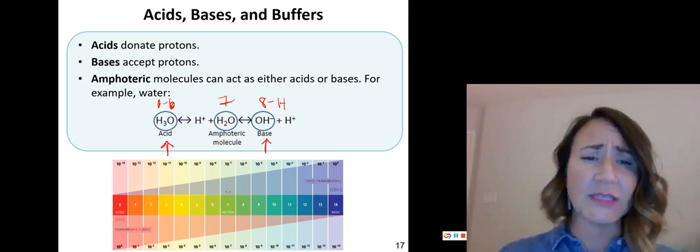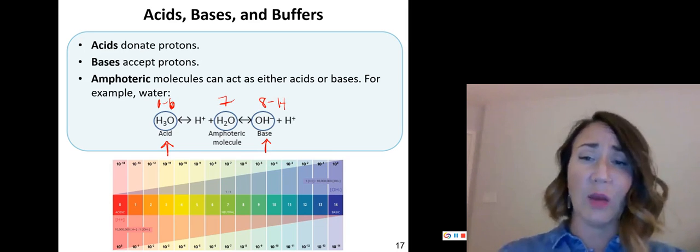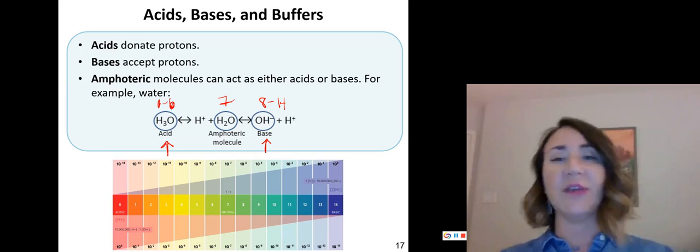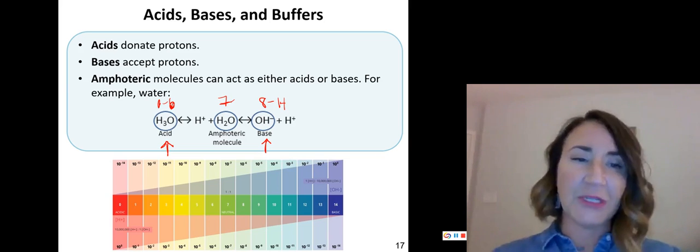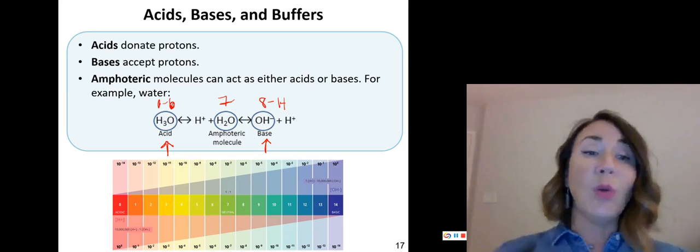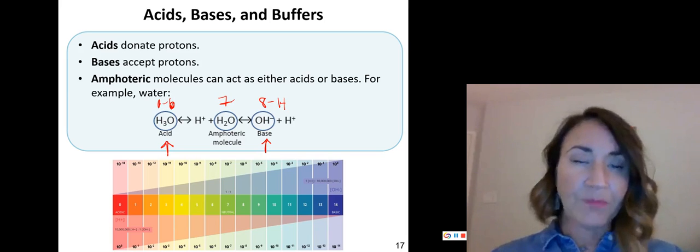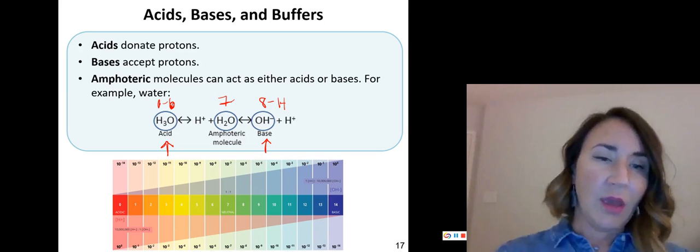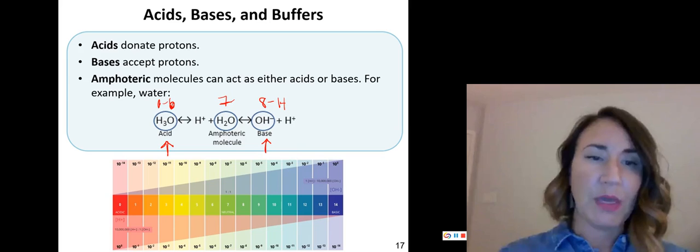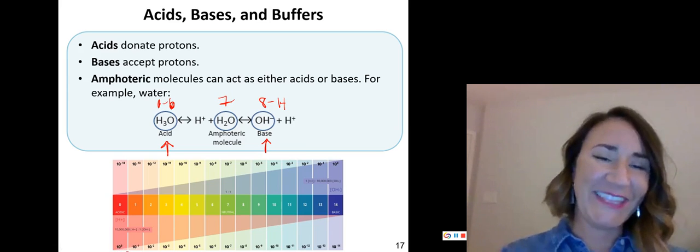And so if we look at this scale, we're really looking at the quantity of hydronium or the quantity of hydroxide. And so, for example, at a very low acidic pH, you can see that you have a tenfold difference. Whoops, sorry.